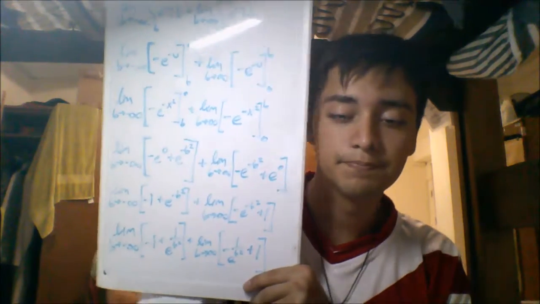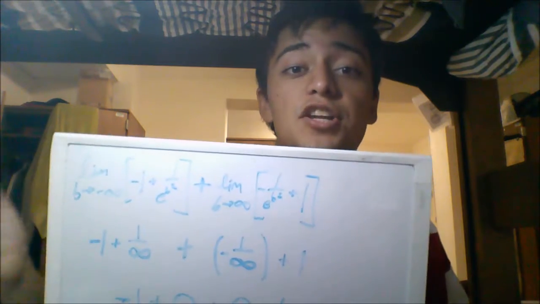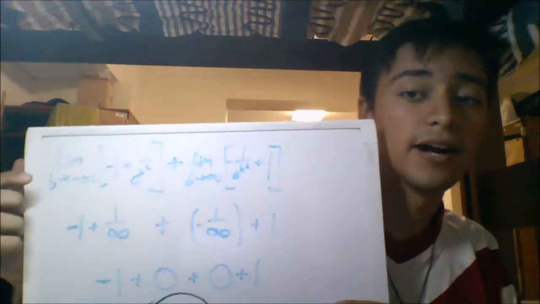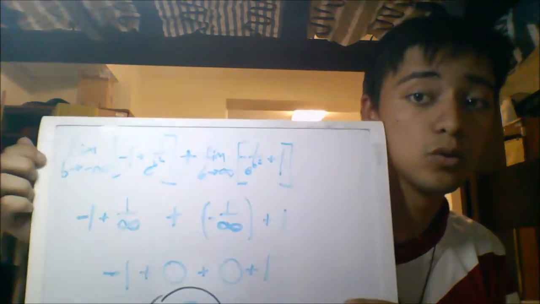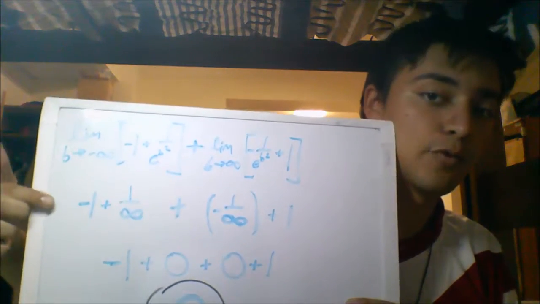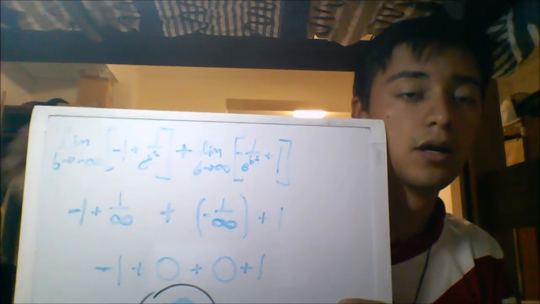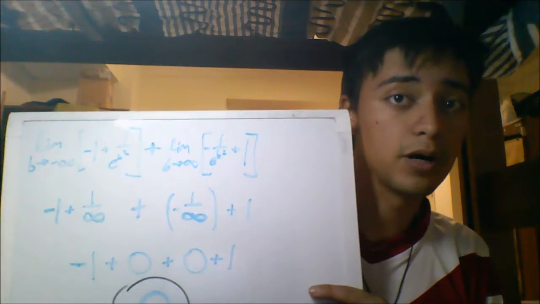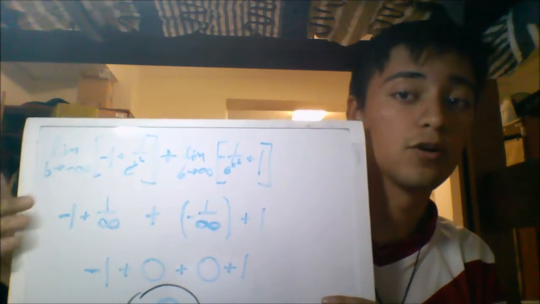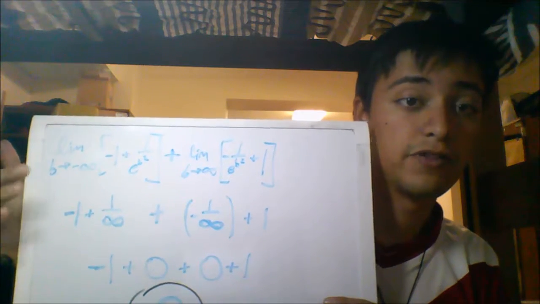As we continue to evaluate this integral, we find that when we do the limit, the negative 1 remains the same, and when we put negative infinity into b squared, that negative will always become positive. So it's the same as saying 1 over e to the power of infinity.